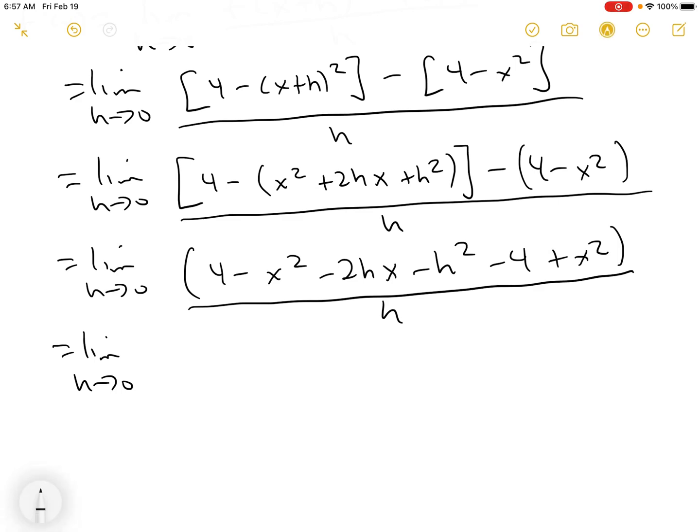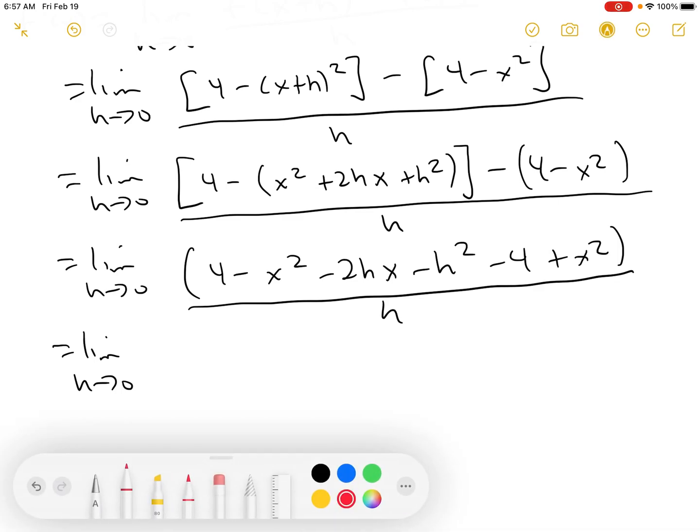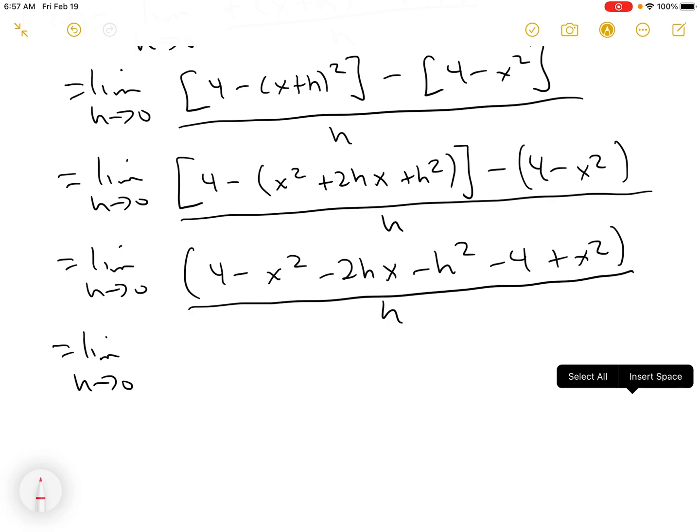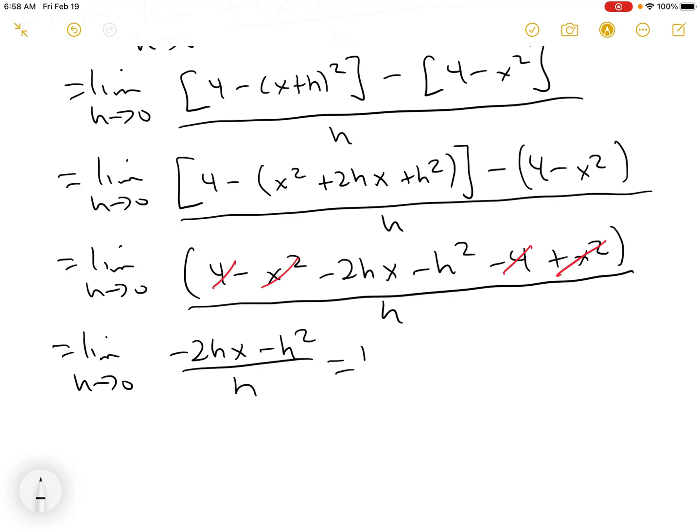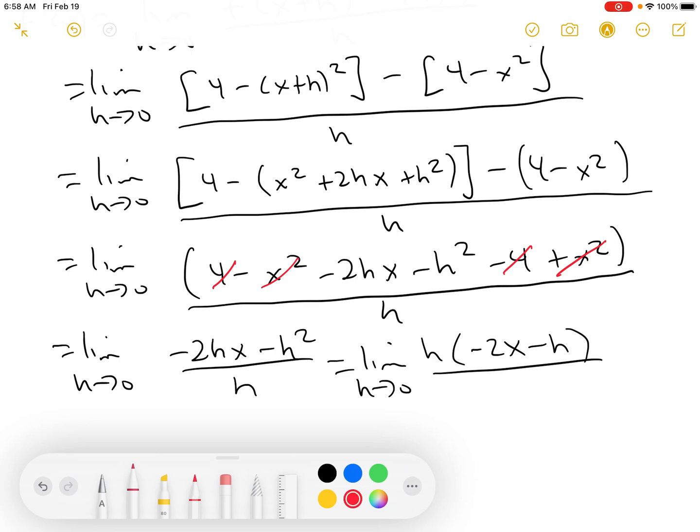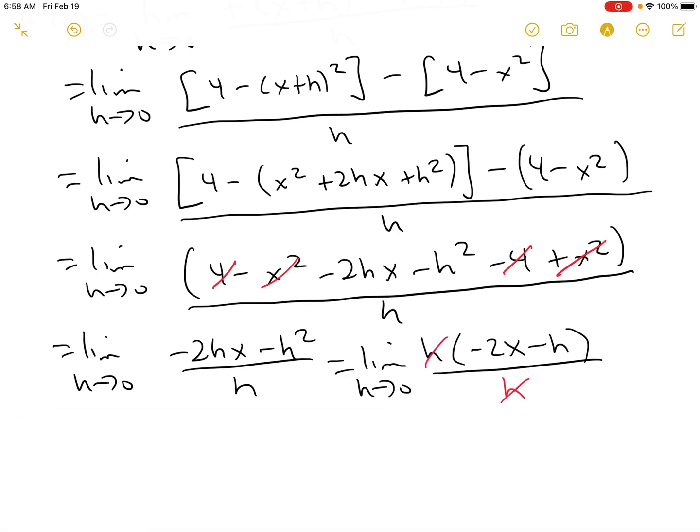And hopefully, if you've done your algebra right, stuff cancels. Let's see here, what cancels? We got 4 and minus 4. We have minus x squared and positive x squared. Okay, those all canceled. So now we have minus 2hx minus h squared over h. Just like before, you're going to factor the h out and cancel those h's.